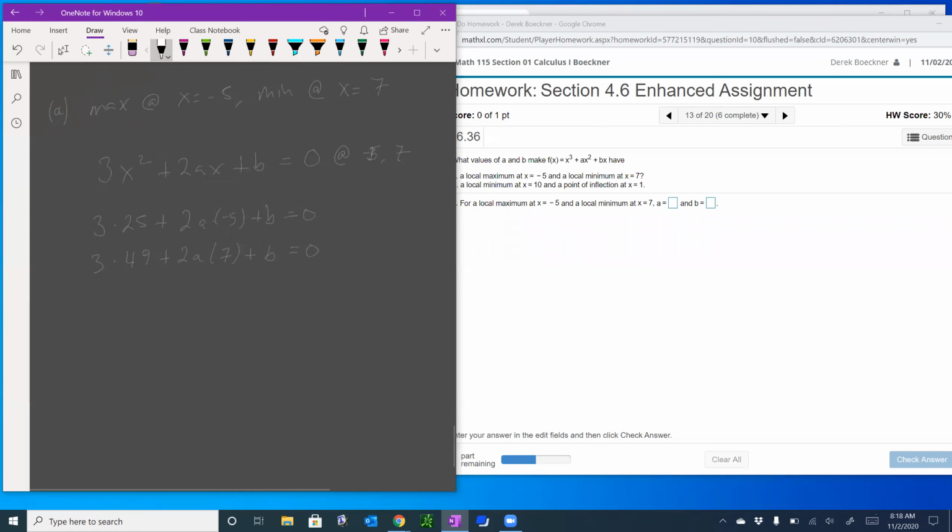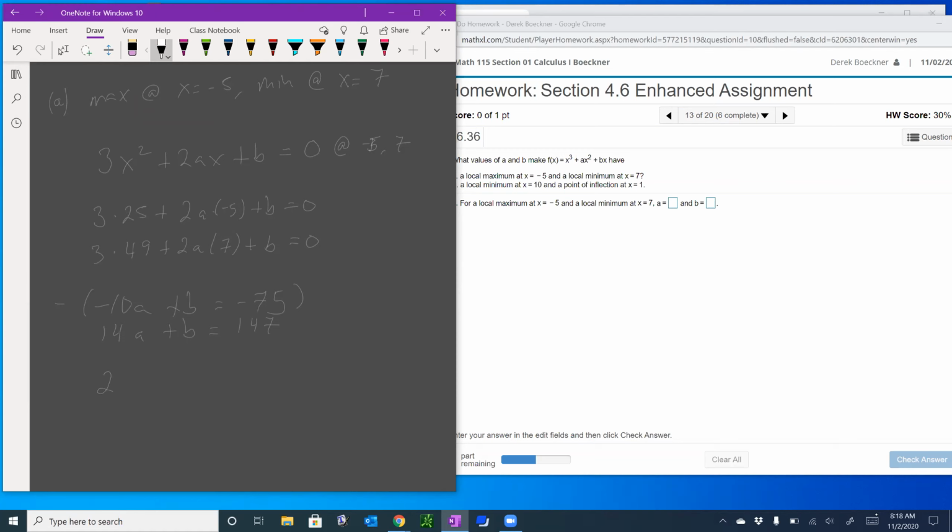And now I have a system of 2 equations and 2 unknowns. So we'll move things over and simplify. Minus 10a plus b equals minus 75. And I've got 14a plus b equals 147. Let's subtract the top one from the bottom one.